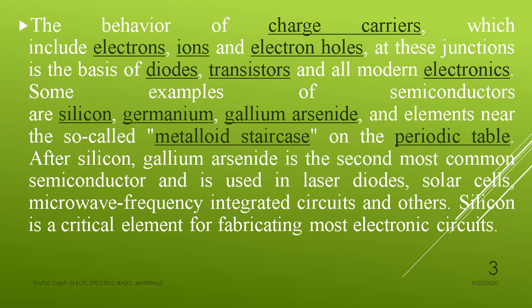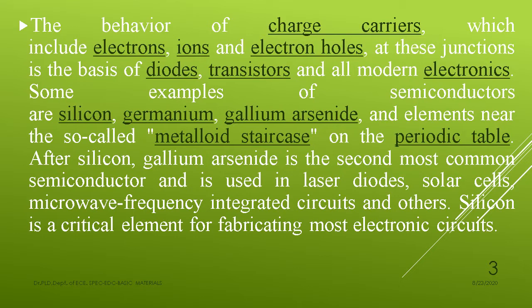In general, we can define a diode as a two-terminal semiconductor device, and a transistor as a three-terminal semiconductor device. That's an example here. Semiconductor materials are silicon, germanium, gallium arsenide and elements near the so-called metalloid staircase on the periodic table.